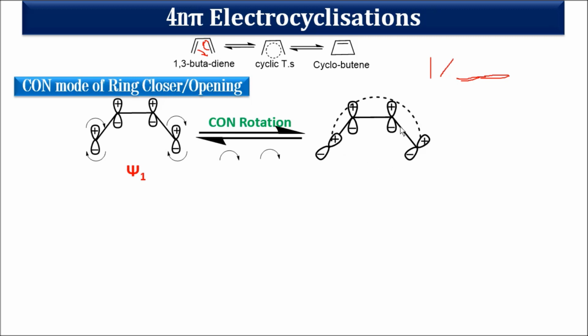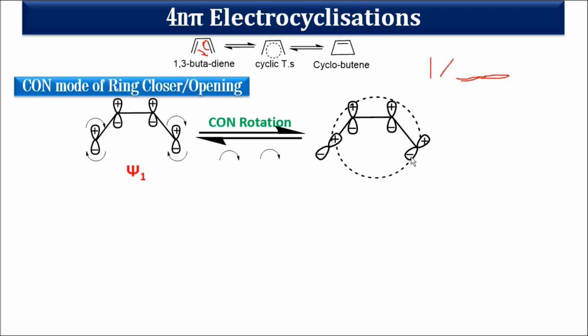Now after the rotation, you can observe that this plus lobe is going to interact with a minus lobe because these are going to contact each other. Connect those two. Now identify the number of nodes. Here plus is connected to plus, connected to plus, connected to plus. This is over. Here this is the minus. Plus and minus belong to only one orbital, so you cannot say a node is there.